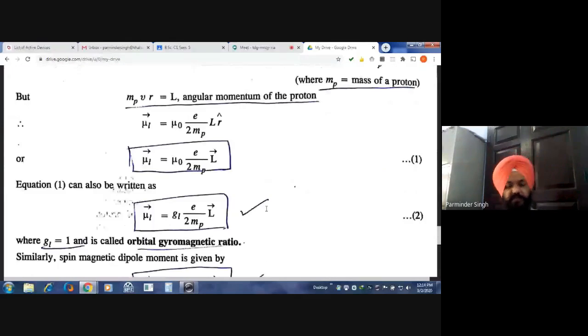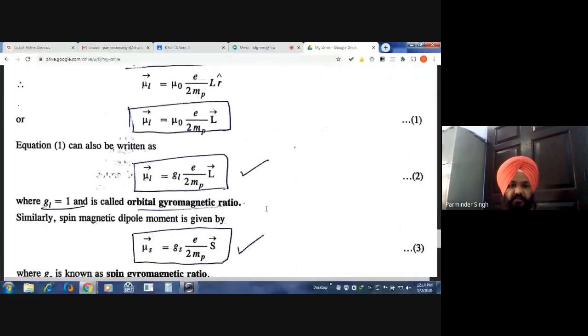So we can also put here a GL for the orbital gyromagnetic ratio. For the orbital gyromagnetic ratio, GL is always equal to 1. And there is also a spin gyromagnetic ratio, which is GS.